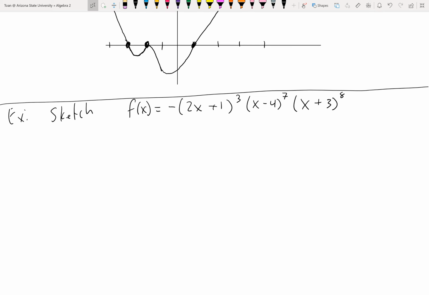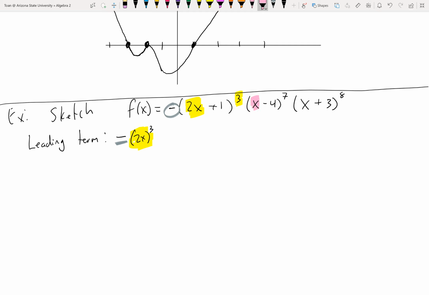So the first thing I need to do is figure out my leading term. And to do that, I just multiply the front pieces. So I got a negative here. I got my 2x with a cube.